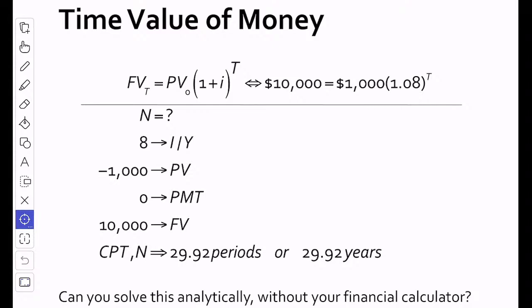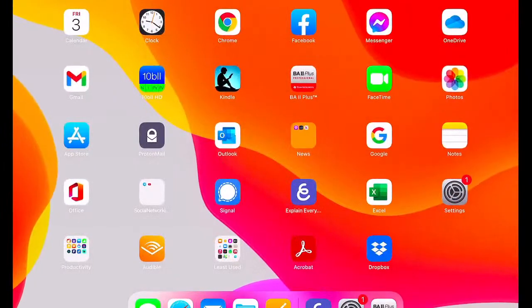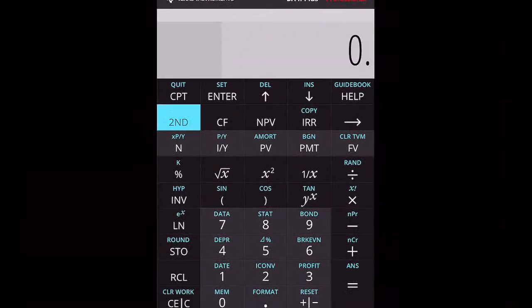And then I'll clarify what I expect to see on a test again. So a clear TVM, second clear TVM. T is what I want, so N is empty. 8%. PV is 1,000 negative investment.